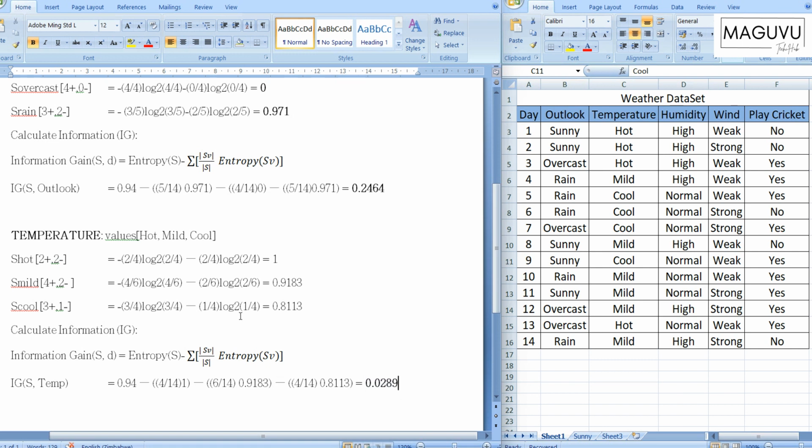We have calculated for the outlook, we have calculated for temperature, so we need to also do the same for humidity and wind. That will be our next step as we look at the information gain of humidity.